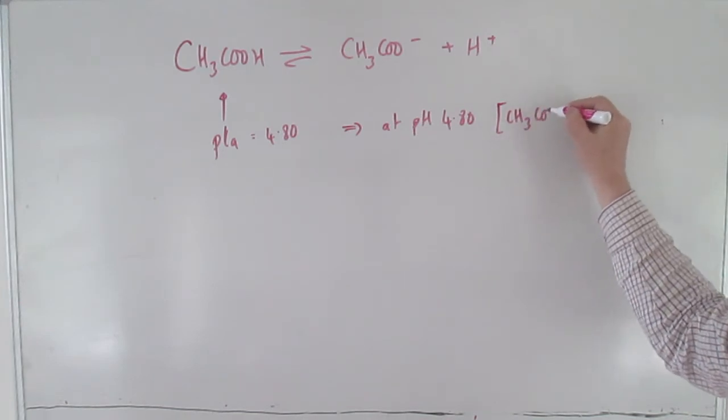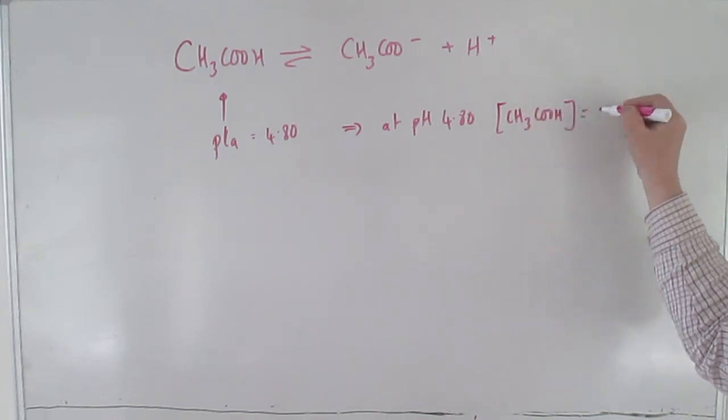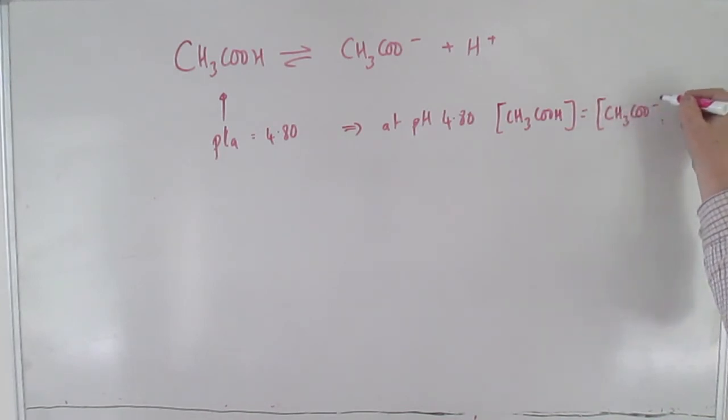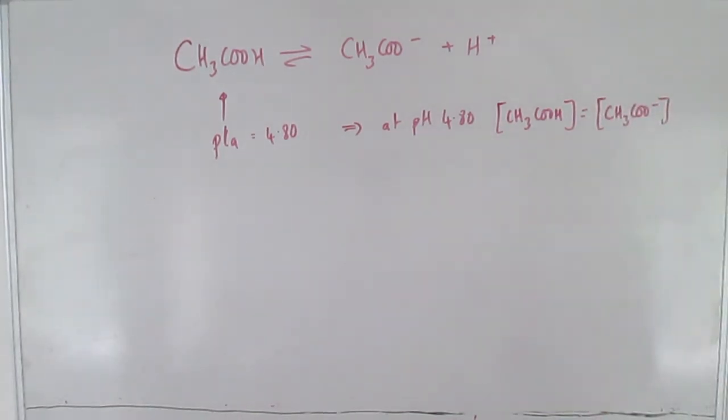That's a sort of ideal buffer because you've got equal amounts of both, so that's maximizing your capacity to resist the pH change when either acid or alkali is added.